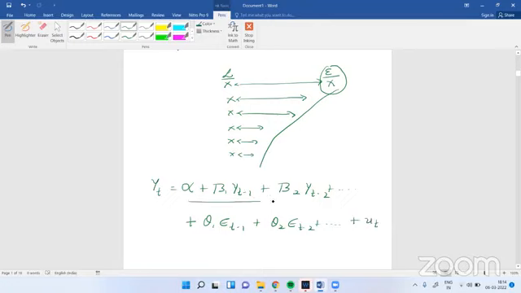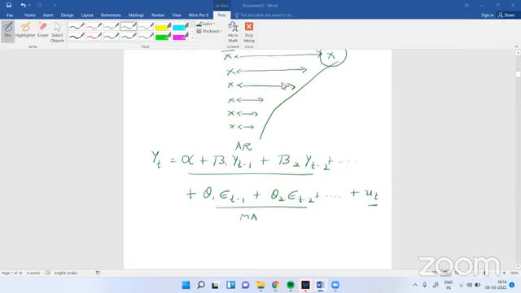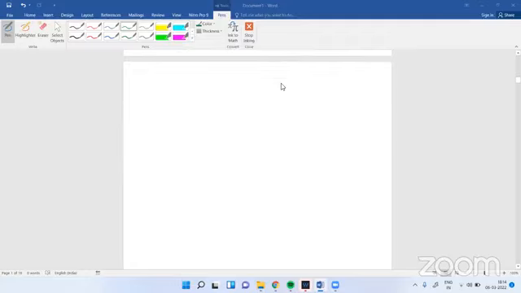So whatever you do, whatever past errors you also consider, there will still always be an error in your model. Is it clear? Now these terms are known as AR. These terms are known as MA. Is it clear, all of you? Okay. Let us proceed further.